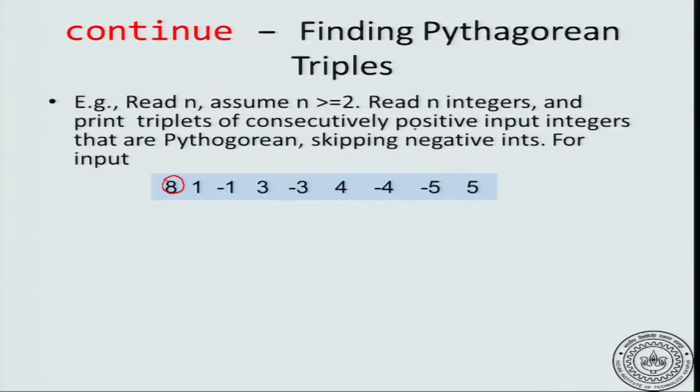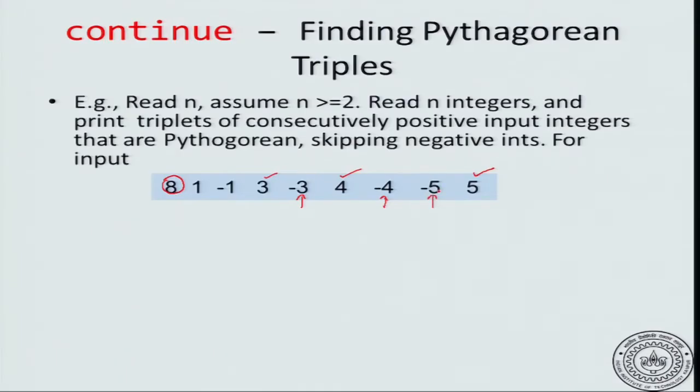By consecutively, we will say that consecutive positive integers, because in the middle there could be negative numbers. So, you have to just ignore them. For example, you have that 3, 4 and 5 are consecutive positive entries in this data, because -3, -4 and -5 are negative numbers. Okay.